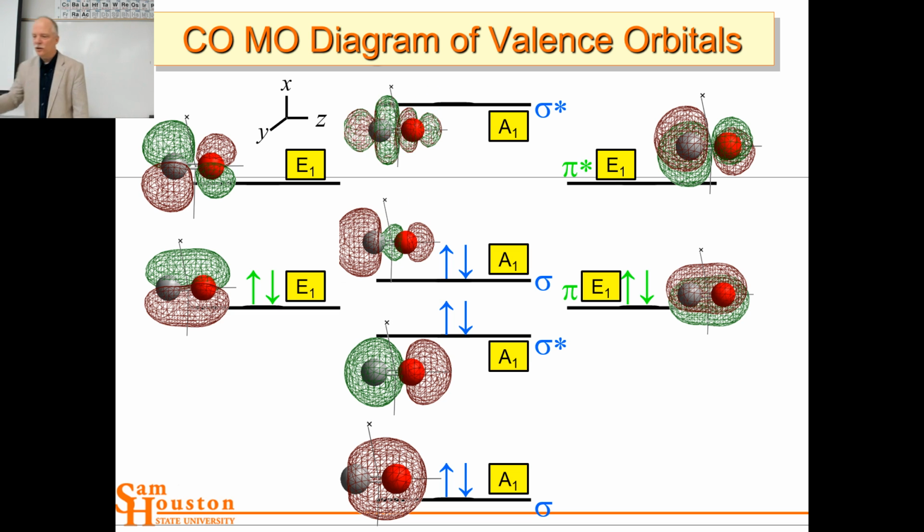Can we see how these were constructed? Yes, these are S-type orbitals. The nodes are a little funky because Gaussian's trying to find the minimum energy for the orbital. So this is using a lot of the orbital on oxygen, and this is using a lot of the orbital on carbon. But you go from 0 nodes to 1 node. That node breaks the bond a little bit, so it's antibonding.